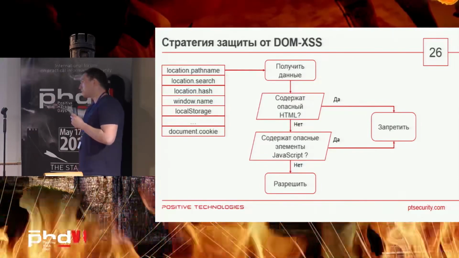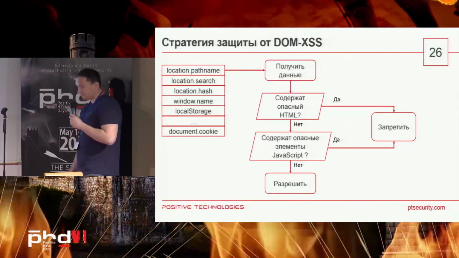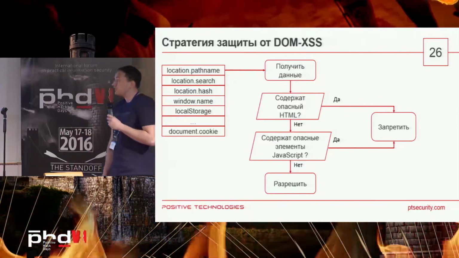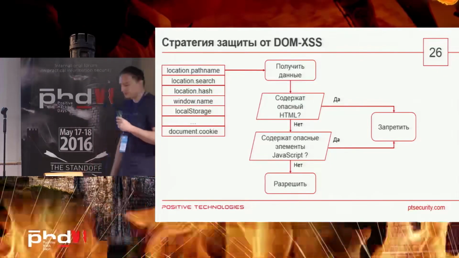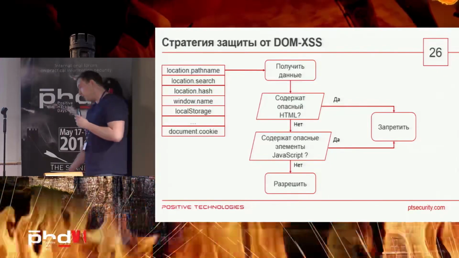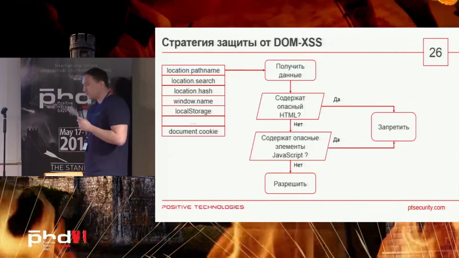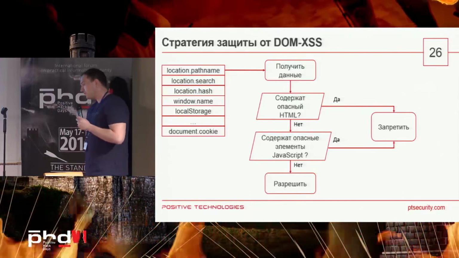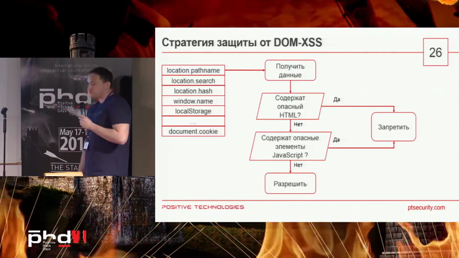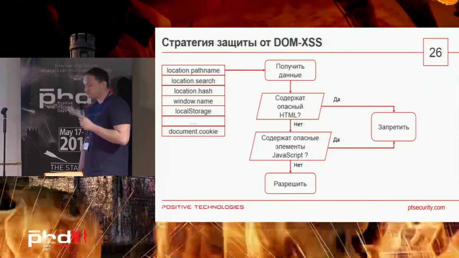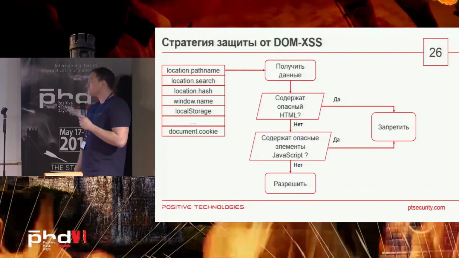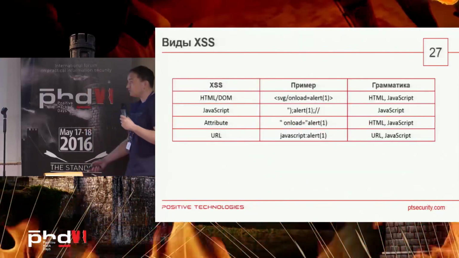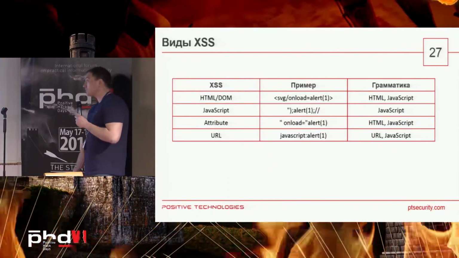If there are no such dangerous elements, the data are valid. And the key word here is dangerous. What does it mean? It is determined by our security policy. It can be a call to some JavaScript function, or an onload, or onerror attribute, or something like that.